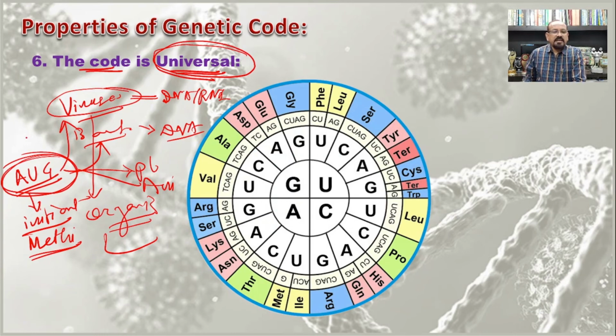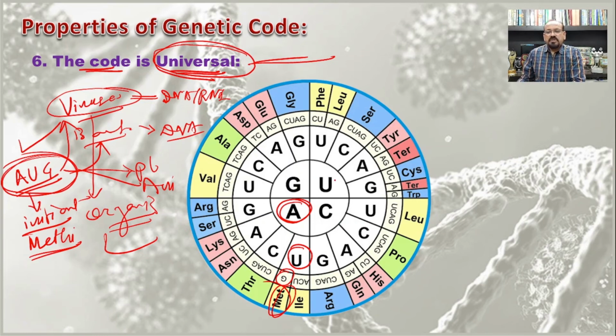It means that here the meaning of the same code in the codon dictionary is the same in every organism in the universe, and hence it is known as the universal. So, you have seen that the A, U and G, it means that the methionine.